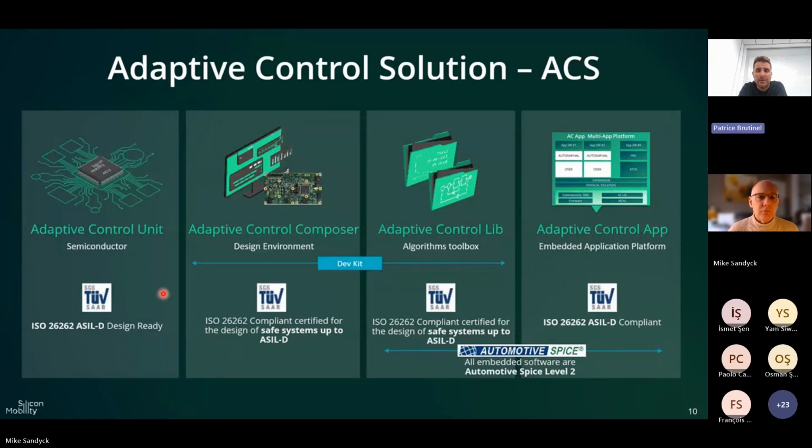To support application development, we bring to our customer what we call the adaptive control composer. It's a design environment that supports model-based design and automatic code generation from the model, to ease the integration of complex algorithms, control law, as well as full application into our device.